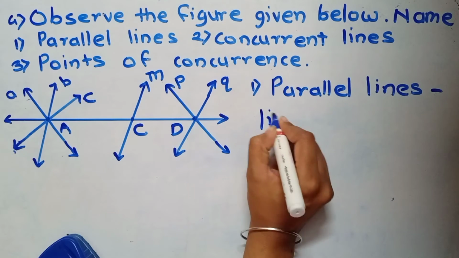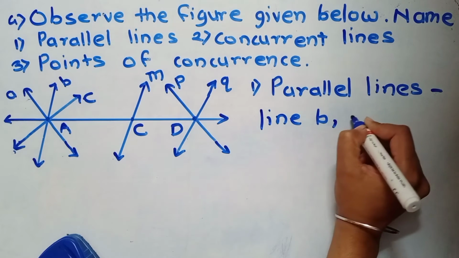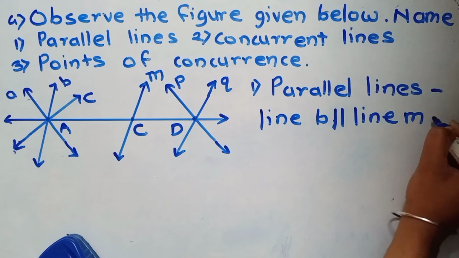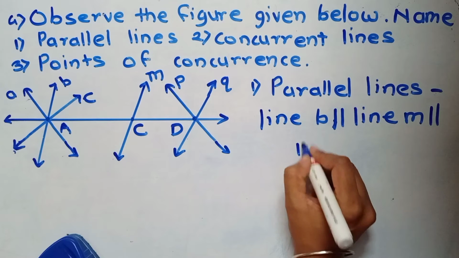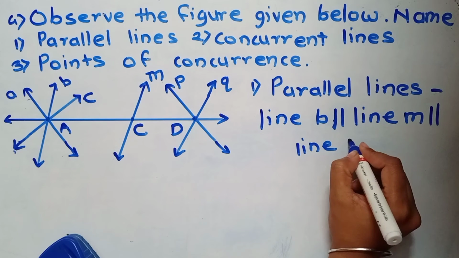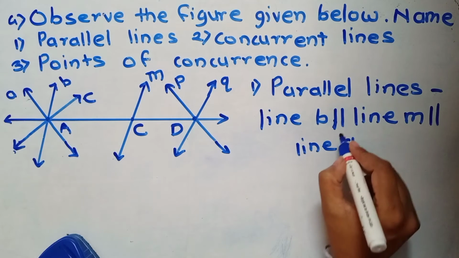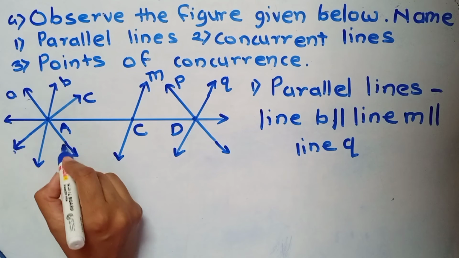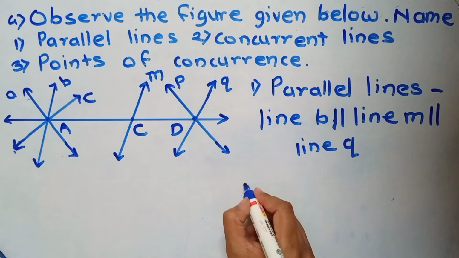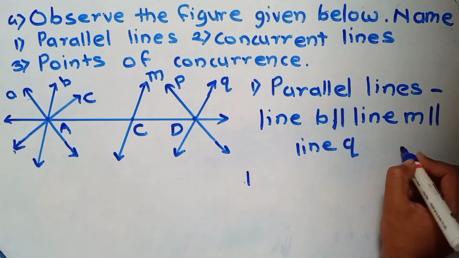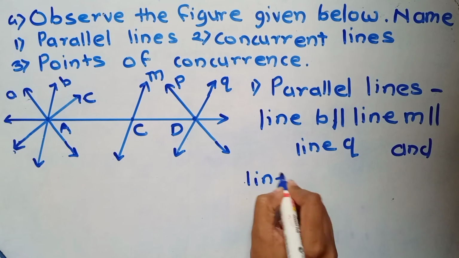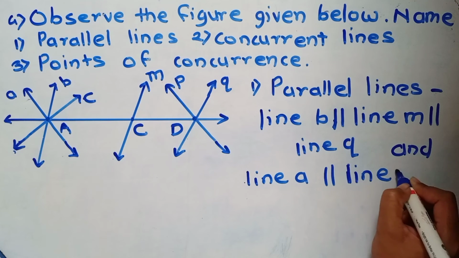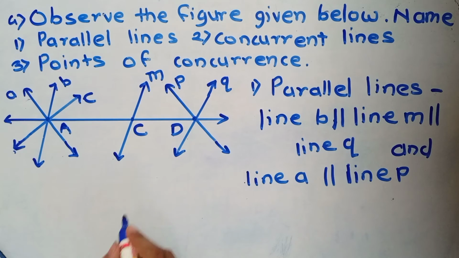So write down line B parallel to line M parallel to line Q. Okay, this is the sign of parallel. Next, line A parallel to line P. So write down line A parallel to line P.